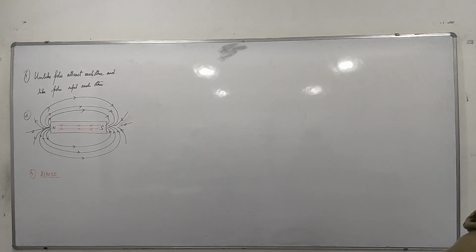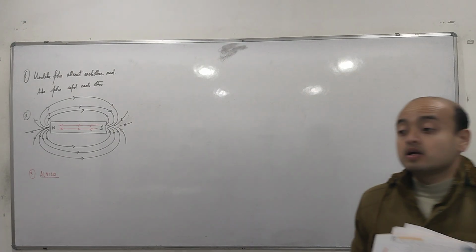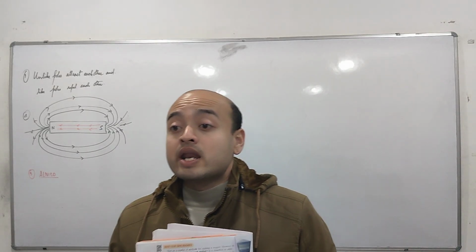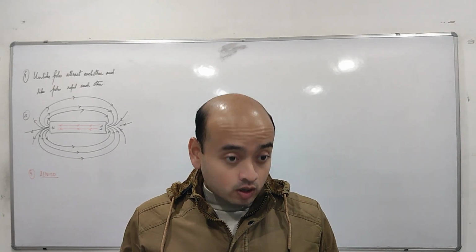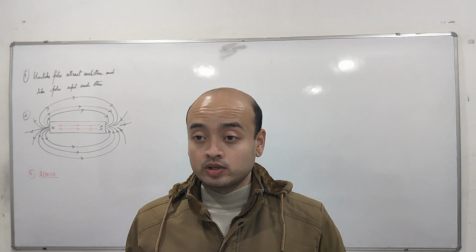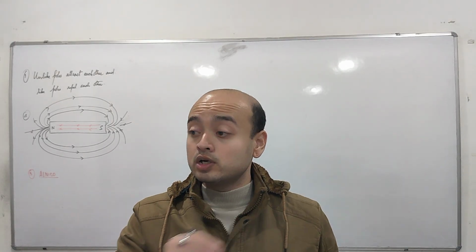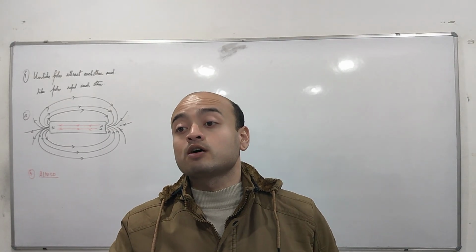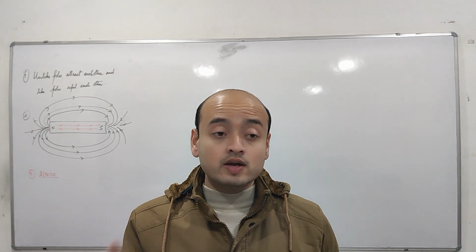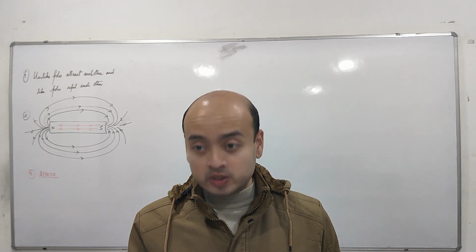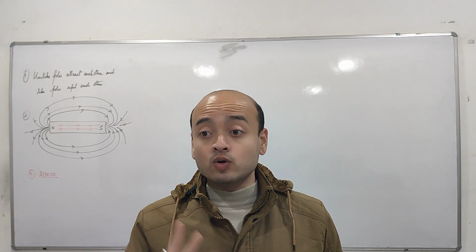Remember, next thing, very important: a magnetic unipole never exists. You will always get a magnetic dipole. You cannot have a magnet which is only north pole or only south pole. It is impossible. Magnetic poles always occur in pairs.